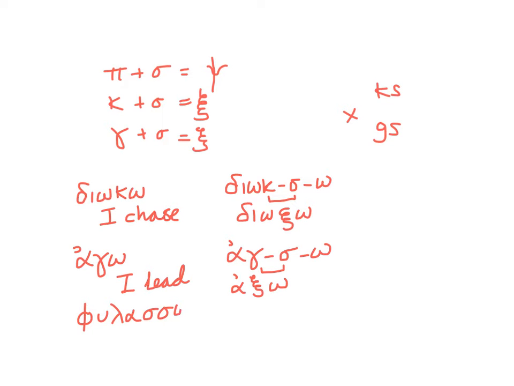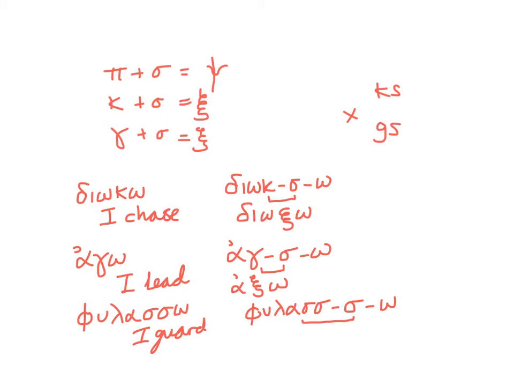To these two, I'm also going to add another new word, fulasso. Fulasso means I guard. Now, if I'm going to make the future of I guard, I would start with the stem, fulas. I then have to add the future sigma, to which I add the ending. But what that would give me is 3 sigmas in a row.